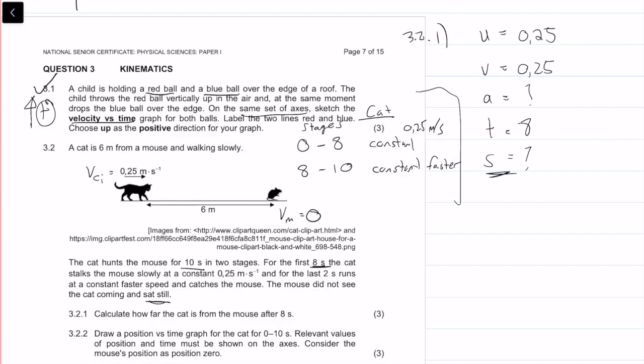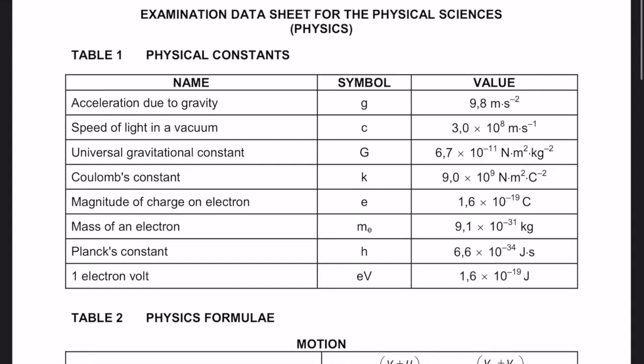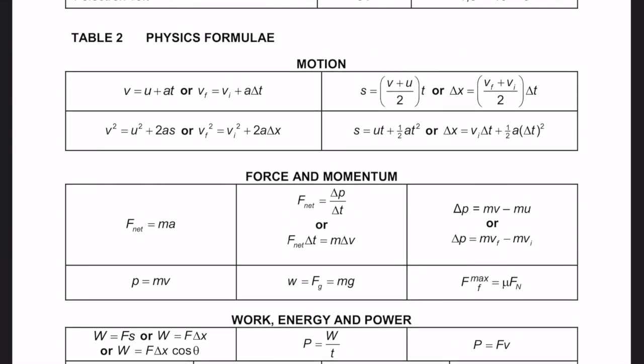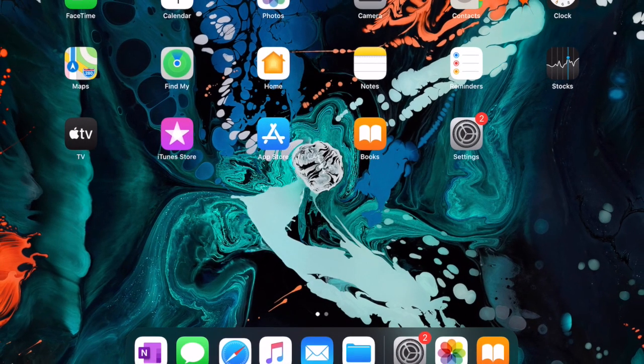So we can go to the formula sheet, and look at an equation. We can use the fourth equation, the bottom right equation, which is S equals ut plus a half at squared.